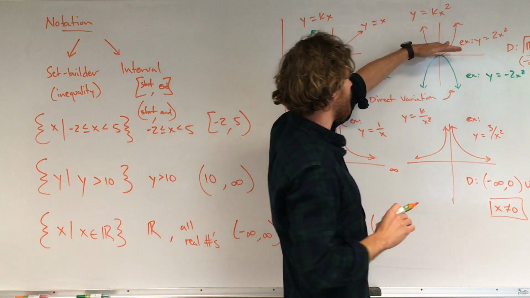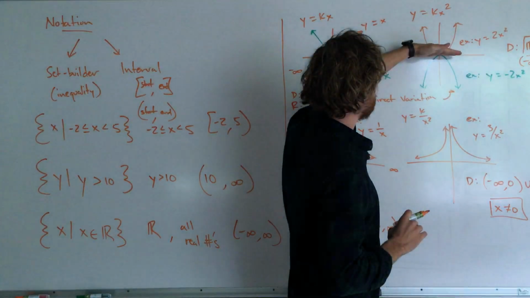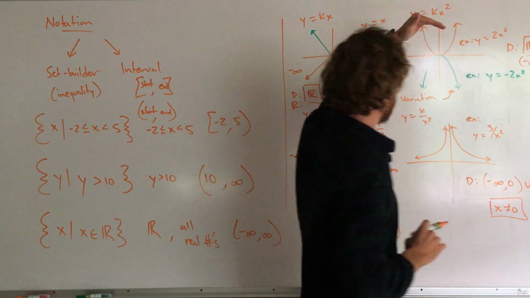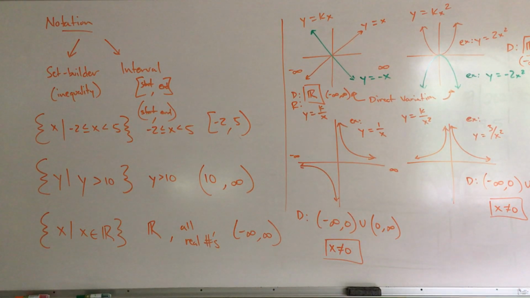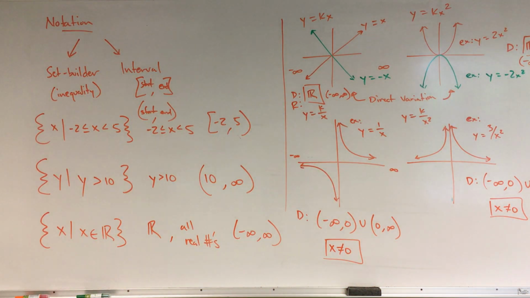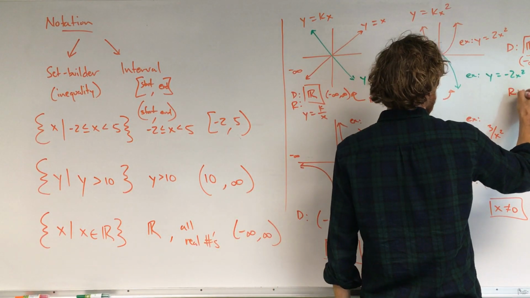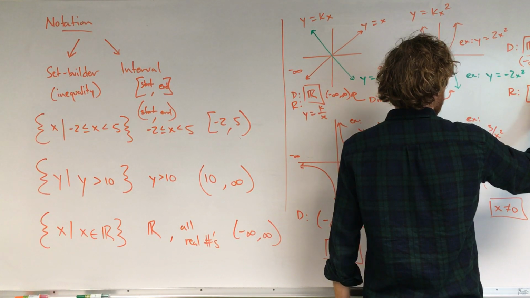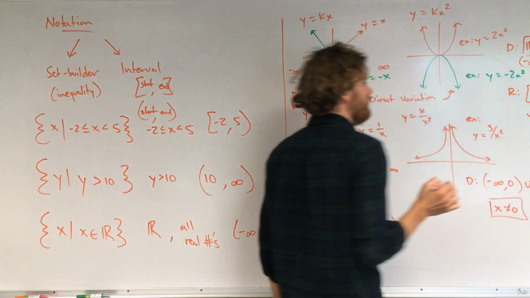For this function, however, remember if we're looking at the orange function, the range is simply 0 and bigger. So for that one, we would just say the range is 0 to infinity, or we can write y is greater than or equal to 0.